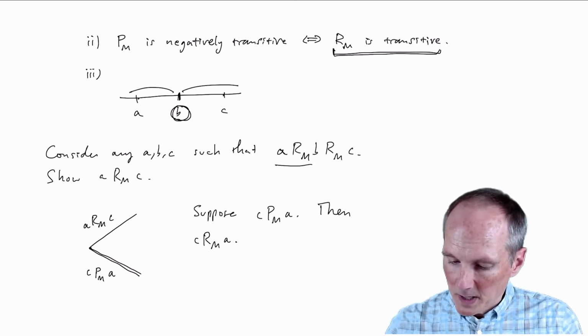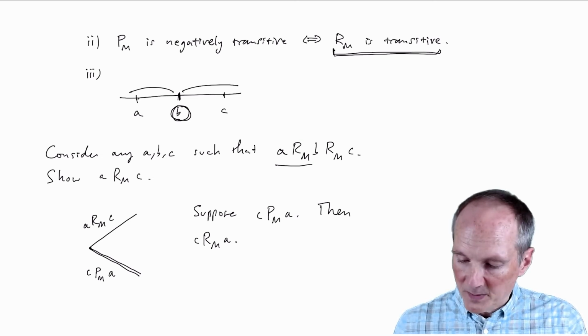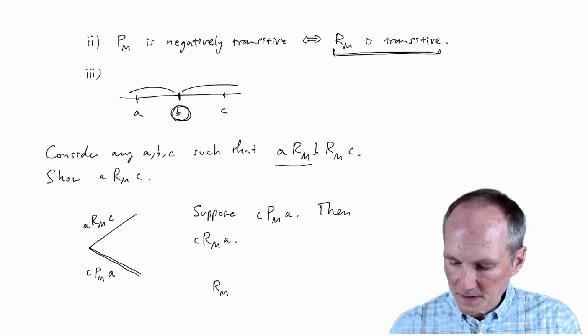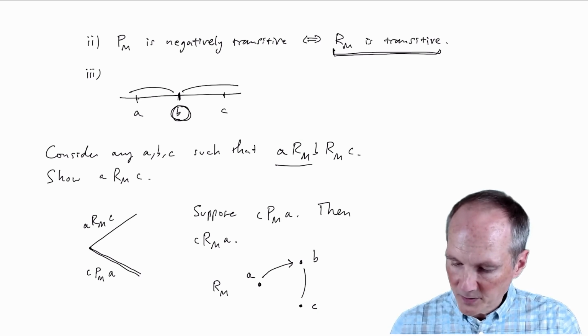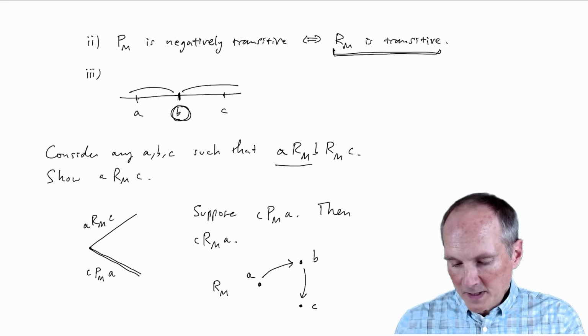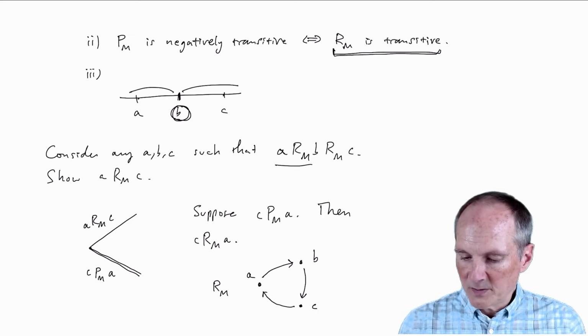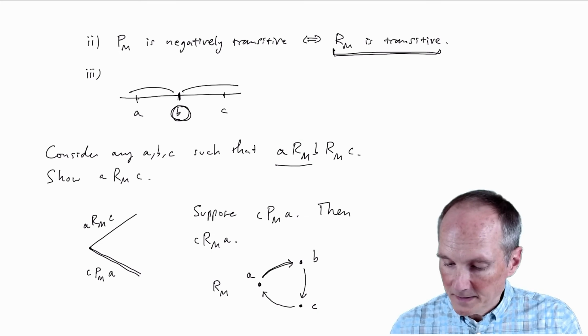All right, so what this means is that we have a cycle of weak majority preferences, right? If we were going to graph this weak majority preference relation, we are assuming that A is weakly majority preferred to B, and B is weakly majority preferred to C. And now we're going down this bottom branch, and there C is weakly majority preferred to A. There could be other arcs in this graph, but at least it contains these arcs.